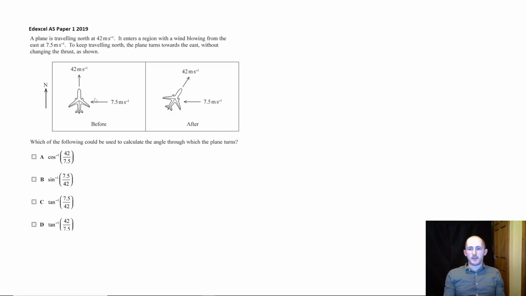And it says, which of the following can be used to calculate the angle through which the plane turns? Well, if you notice, the angle that it turns is just going to be this angle here. So if I draw this a bit more simply, we have the 7.5 acting this way, and with the 42 acting this way.